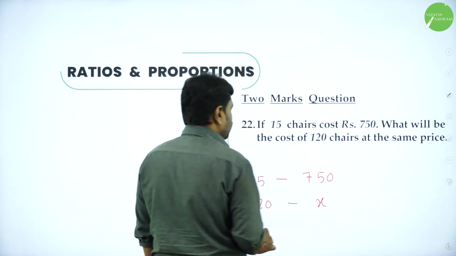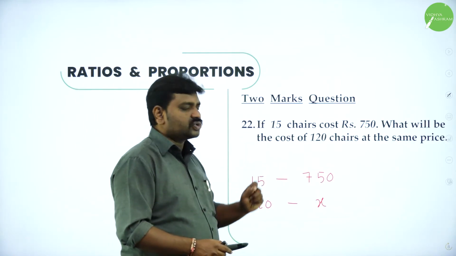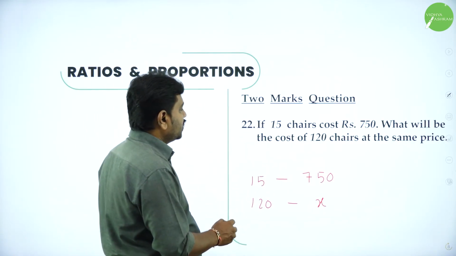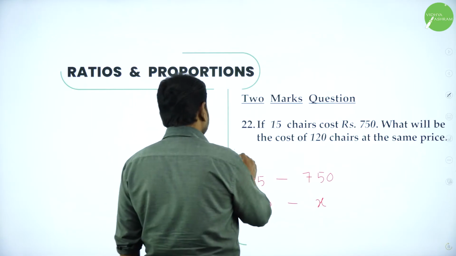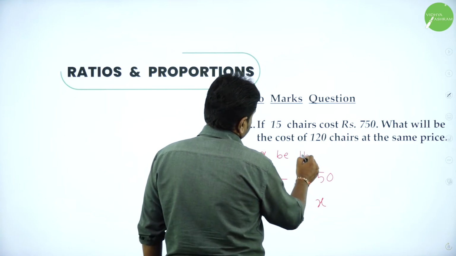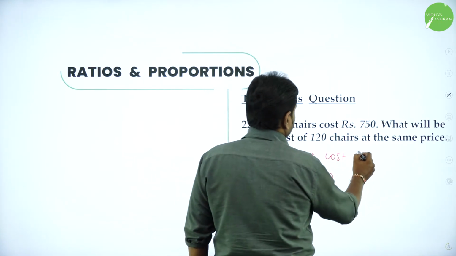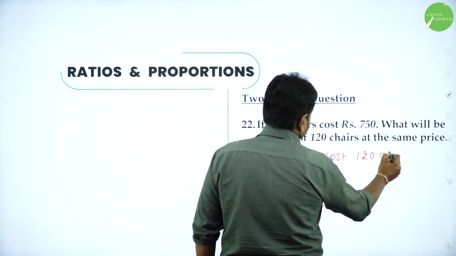So this is direct proportion. Why is it direct proportion? If one increases, the other also increases. Let X be the cost of 120 chairs.